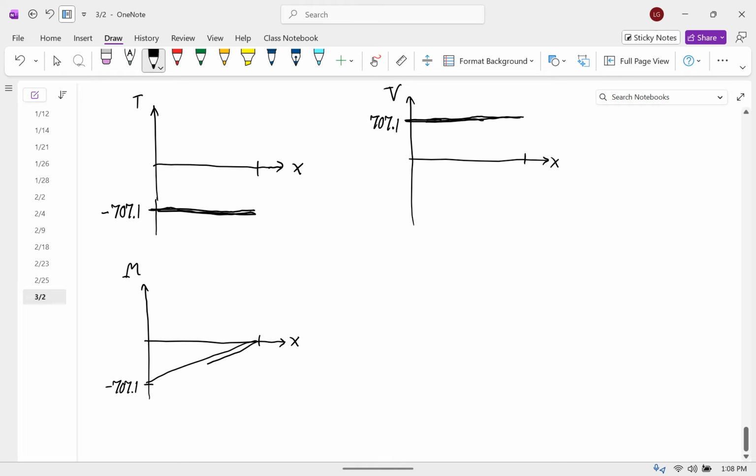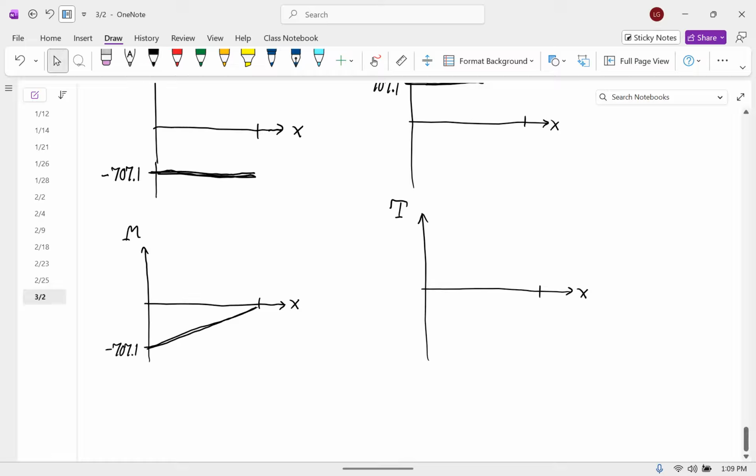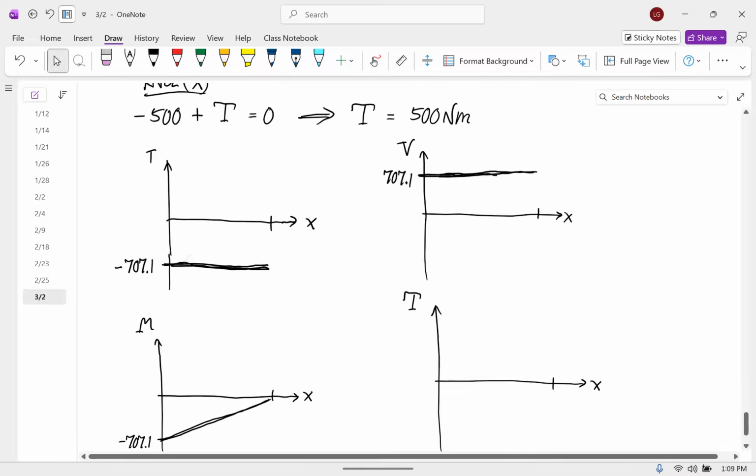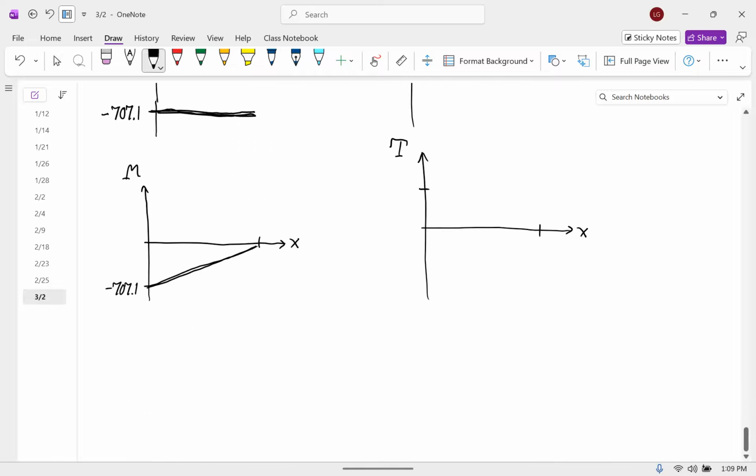So this is just a linear function, just a linear function like that. And then for the internal torque, you just have a value of 500 the whole way.